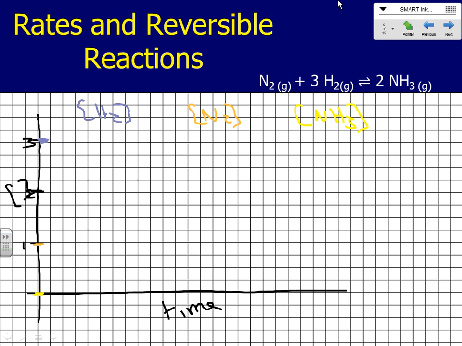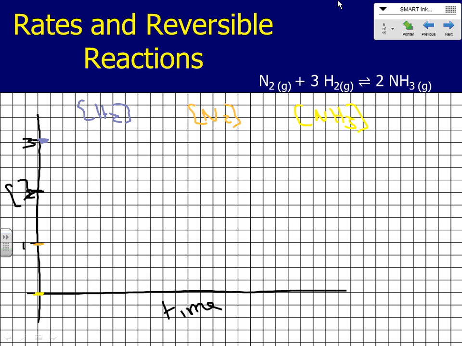How fast is that reverse reaction going to be if I've got a very small amount of that NH3? Yep. Not very fast. There's not very many NH3 molecules around. So the forward's going very fast, and the reverse is going very slow, which means the forward reaction is winning.